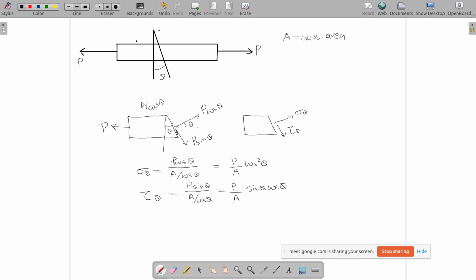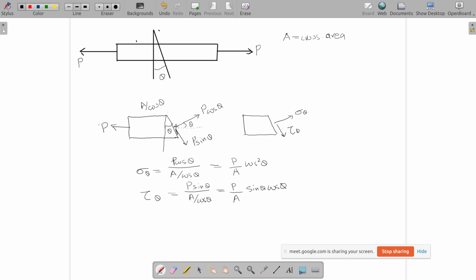Now have we done everything required to get stress values on the plane? In 2D we need sigma x, sigma y and tau, right? Tau xy is equal to tau yx.